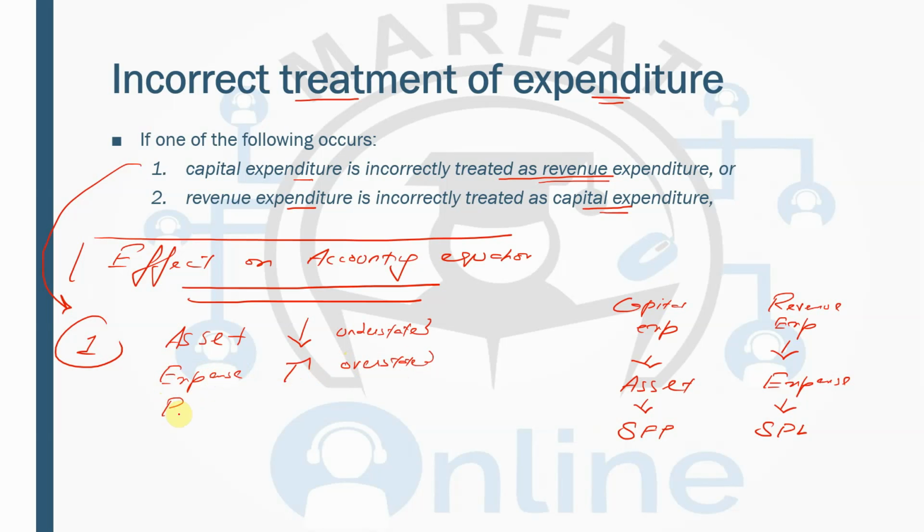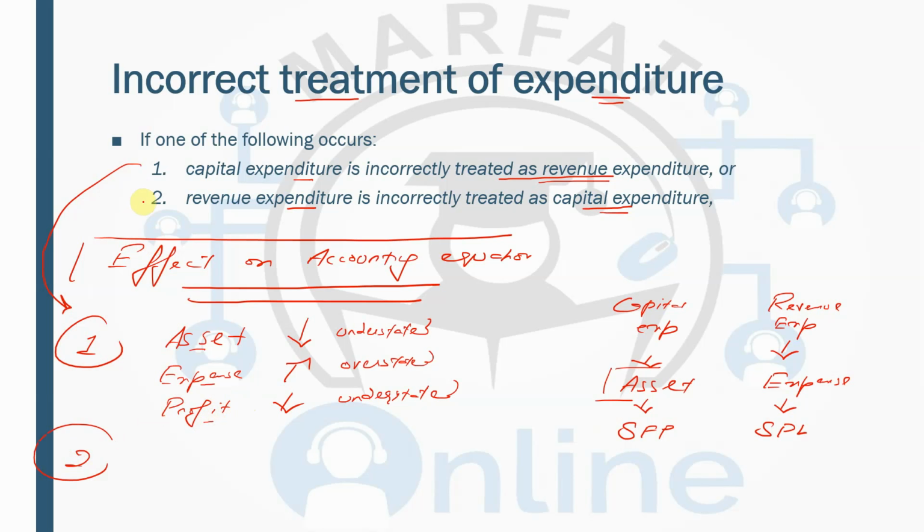And by overstating your expenses, you have understated the profits. Capital expenditure should be recorded as an asset. What if you treat that thing as an expense? So you have understated the asset, overstated the expenses, and understated the profits.